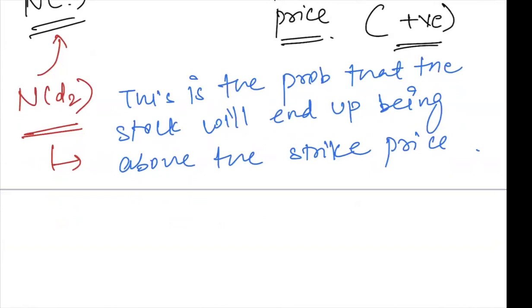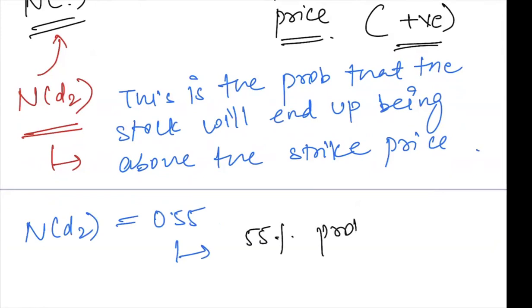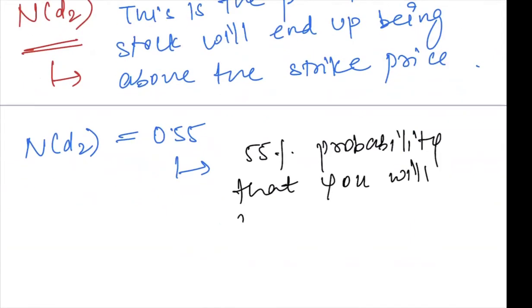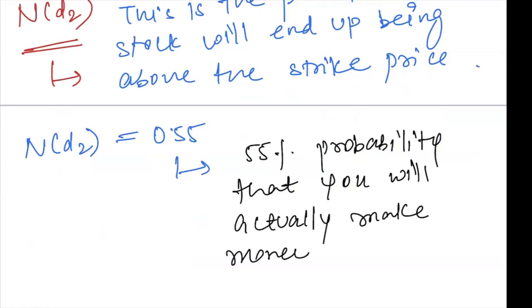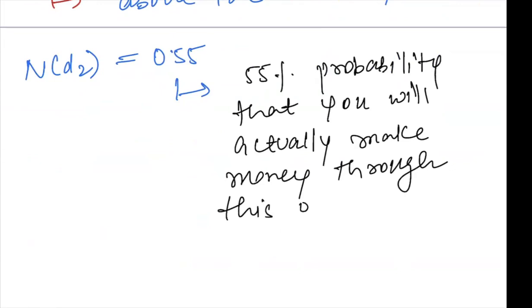So when we say that ND2 is 0.55, it basically means that there's a 55% probability that you will actually make money from this option contract.